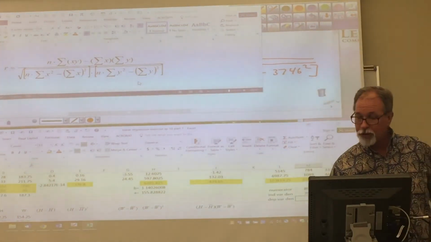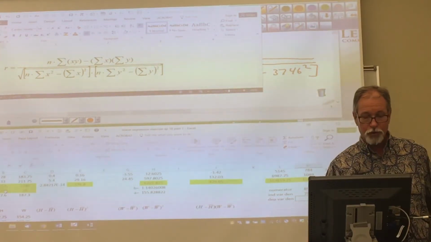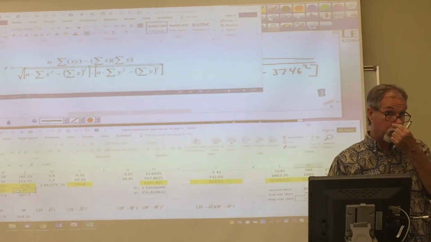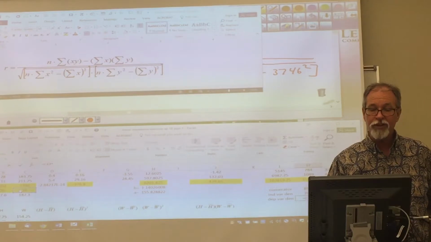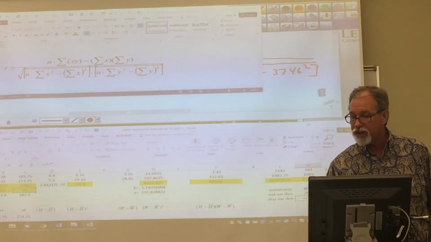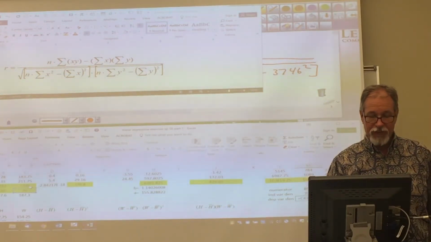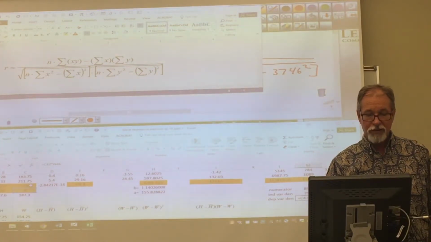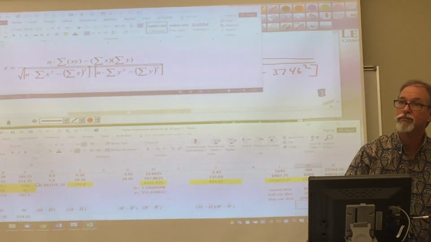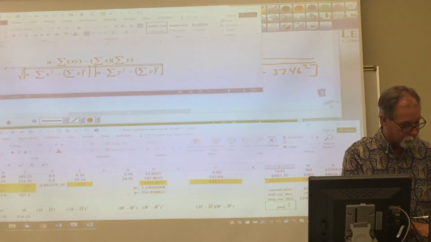So I'm going to say equals 20, which is in box C47, times the summation of W squared, which is this number here in N46, minus the number that's in C46 squared.